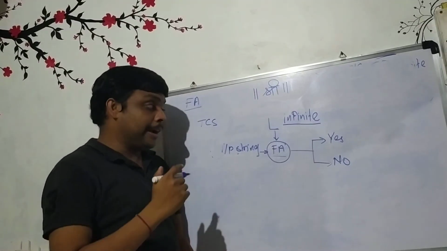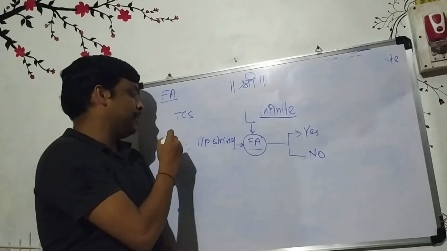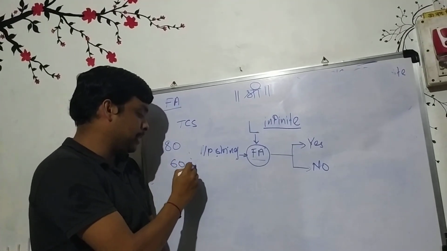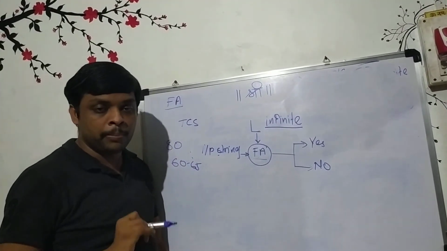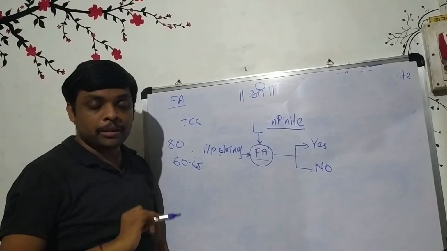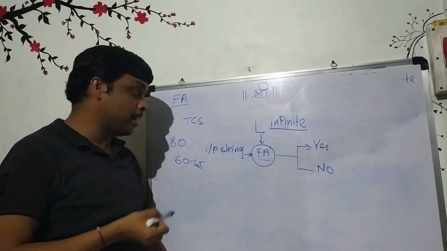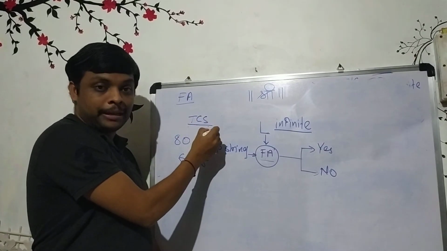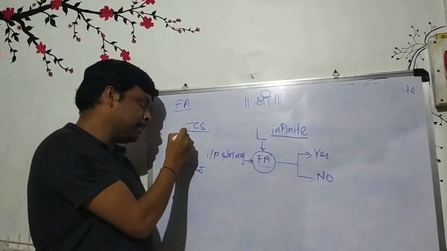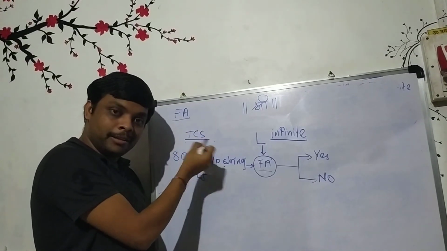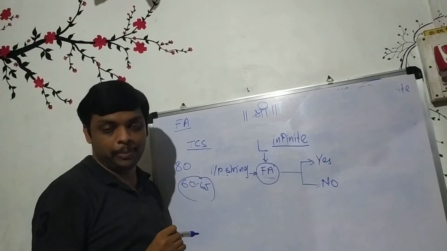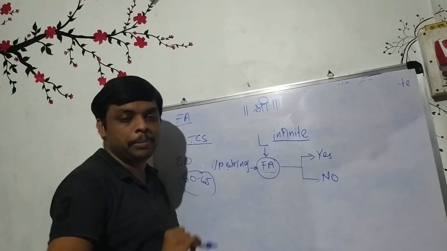And as I said earlier, in an 80 marks paper, around 60 to 65 marks will be problems. This is not a theoretical subject. Again, there is a twist in the name itself. What is the full form? Theory of Computer Science. Even though the full form is Theory of Computer Science, in the paper there will be problems for around 60 to 65 marks. Theory will be only for 10 to 15 marks.